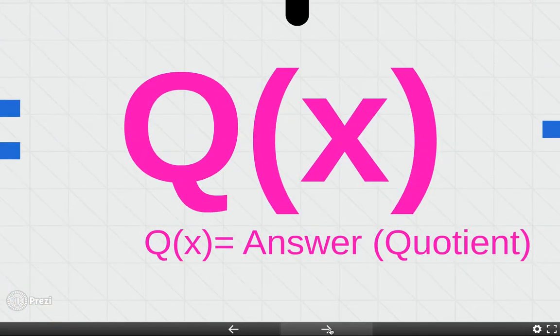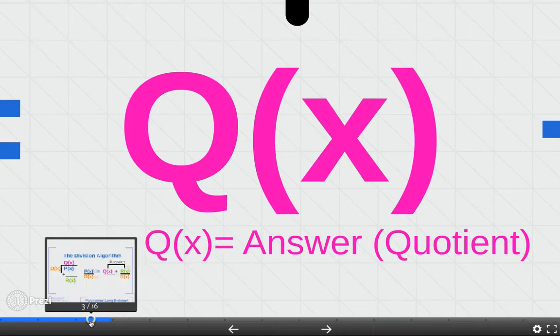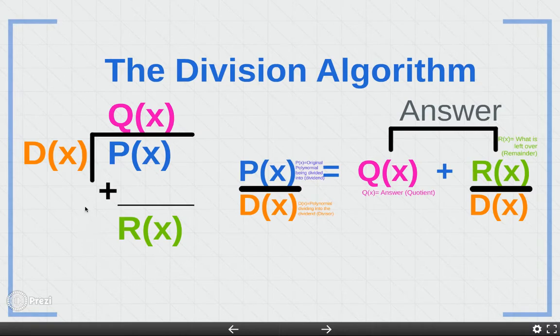Okay, the next thing we're going to talk about is the quotient, which is the answer that you get on top of the division bar. So if you guys think back to our original problem, we have the divisor, the thing dividing into the dividend, which is being divided into, and q of x is the thing we write on top. That is our answer.